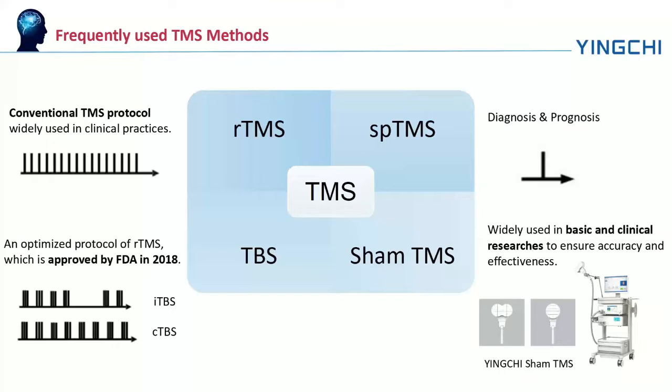And in many studies, you may find that researchers use the sham TMS, which is widely used in basic and clinical research to ensure accuracy and effectiveness. And this is a professional YINGCHI sham TMS system, and we also have different kinds of sham coils.